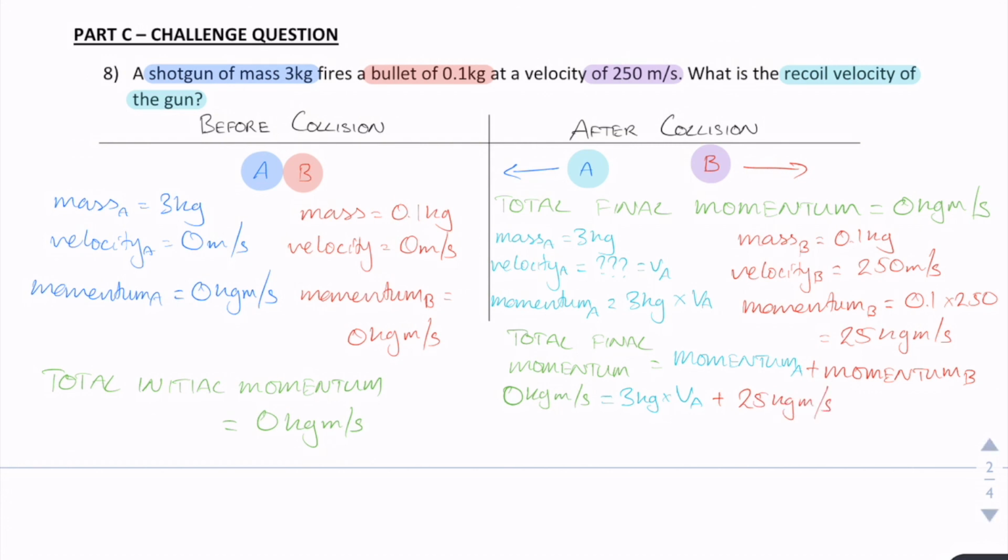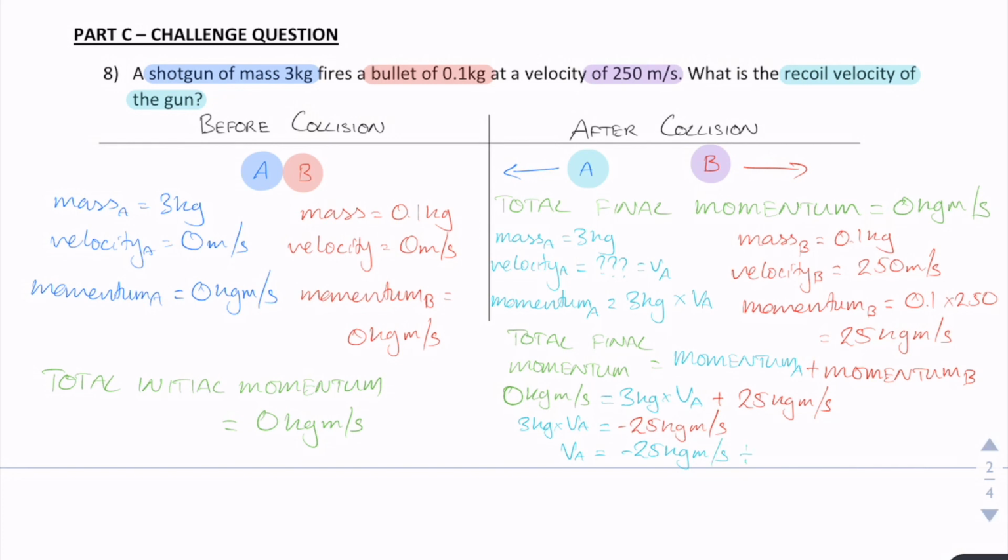So by rearranging this equation, we can find that 3 kilograms times VA is equal to minus 25 kilogram meters per second.